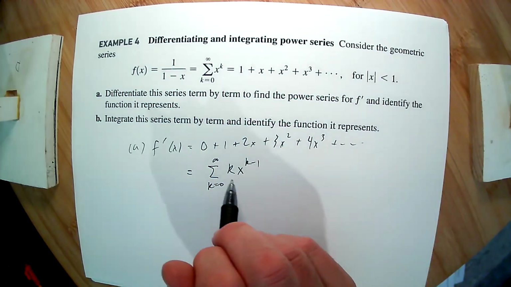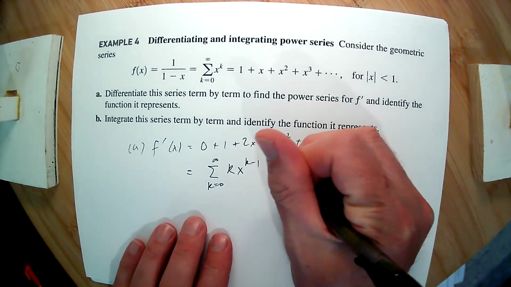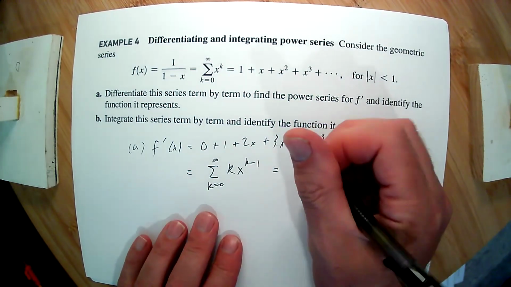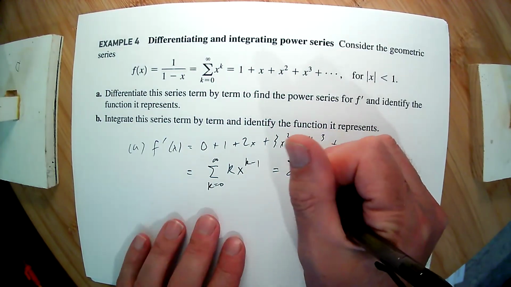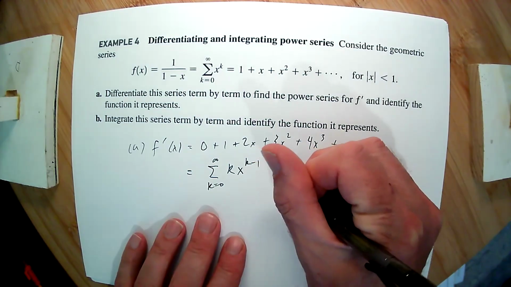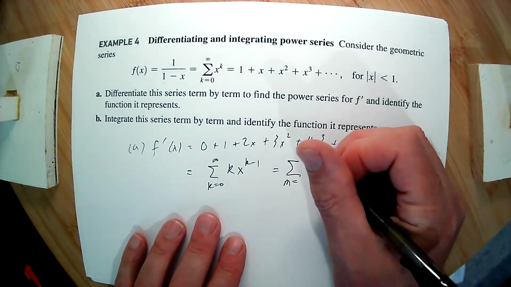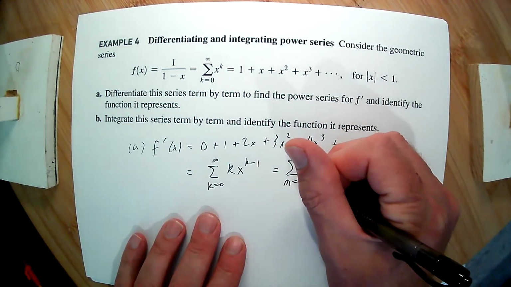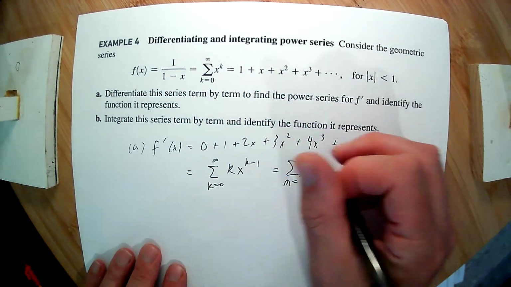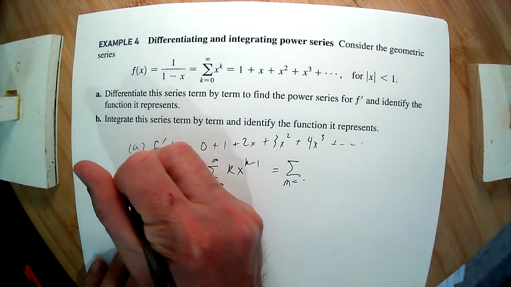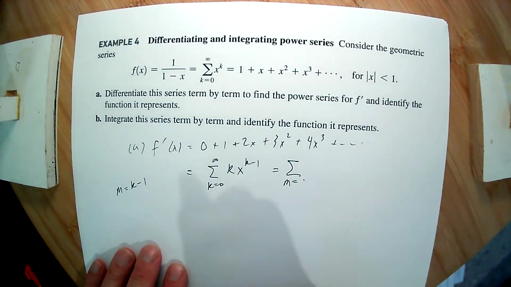Now, what does this series represent? By the way, I could shift the indices a little bit here with a little change of variables. I'm going to make m equal k minus 1, okay?